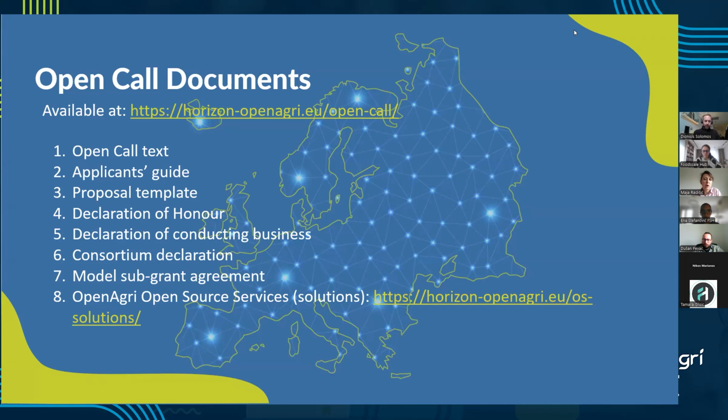These are the open call documents. You can find them on OpenAgri website, section dedicated to the open call, and it consists of these 7 documents plus the page on our website dedicated to the OpenAgri open source services or solutions.